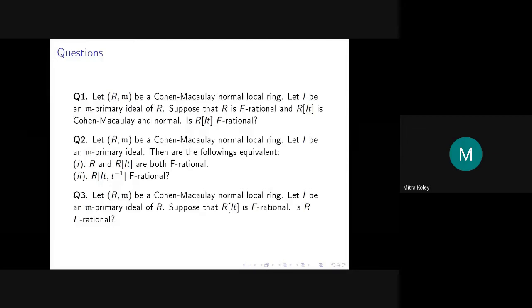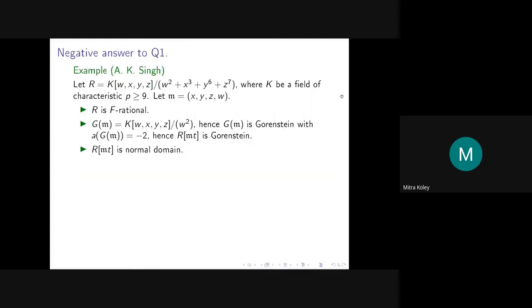The first question has a negative answer, and this example is given by Anurag Singh.